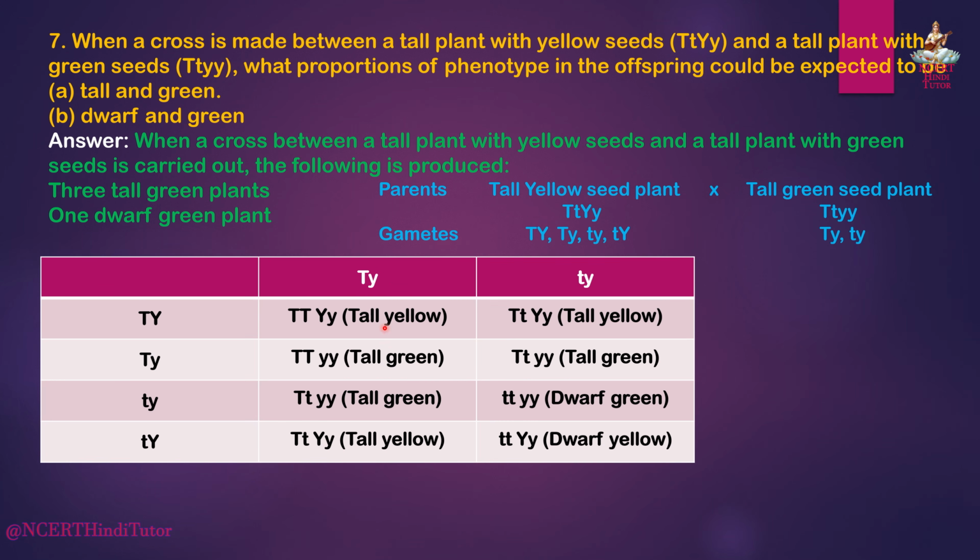Next, here we get tall yellow, tall green, tall green, dwarf green, tall yellow, dwarf yellow. Phenotype: tall and green plant 3. So here is tall green, 3. Then dwarf and green plant 1 here.